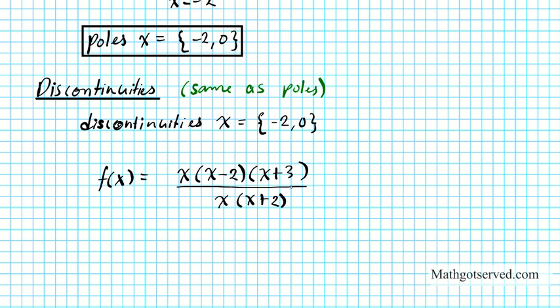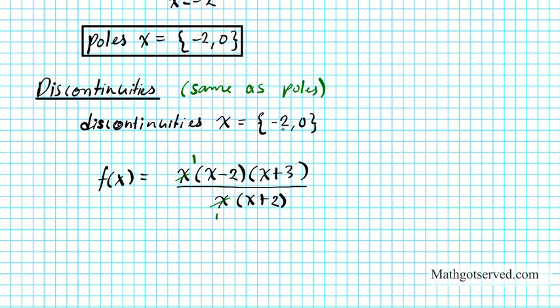Now, whichever factor gets cancelled out or removed is going to be our removable discontinuity. So is there any factor, any of the poles, that I can cancel out or reduce? Absolutely, the x. So x goes here once, and x goes here once. That factor that got cancelled out is your removable discontinuity.